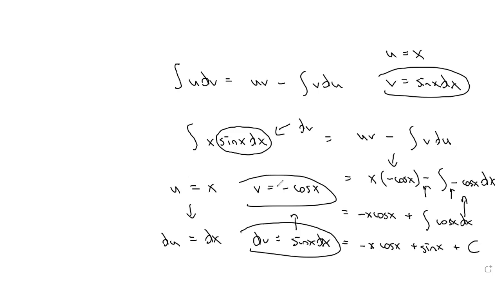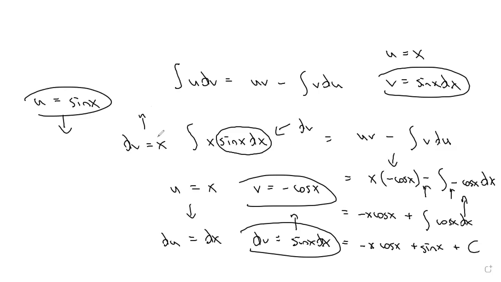What you could have picked is you could have assigned them differently. You could have assigned u as being sine x, and then you could have taken the derivative of that. And then you could have picked dv as being x, and then you could have taken the antiderivative of that. So in this case, there would have been two ways of doing it, but I chose the other way because taking the derivative or the antiderivative of something like sine or cos is equally simple.